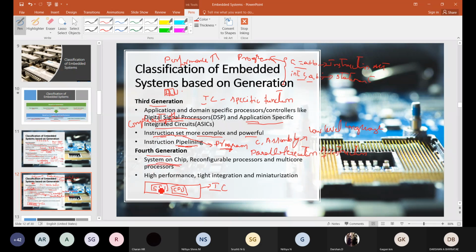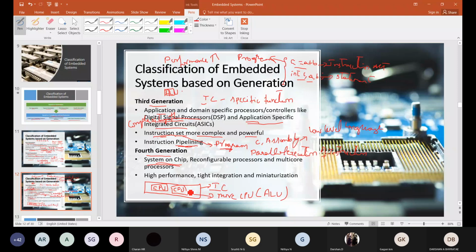System on chip means that instead of using one CPU as in the first, second or third generation, I implement more CPUs in a single IC. More CPUs means more number of ALUs, which I can implement in the fourth generation.